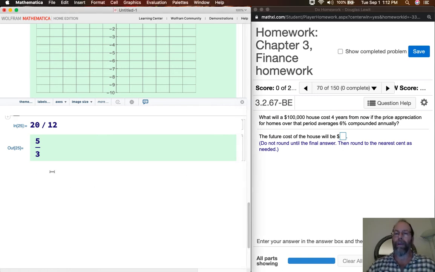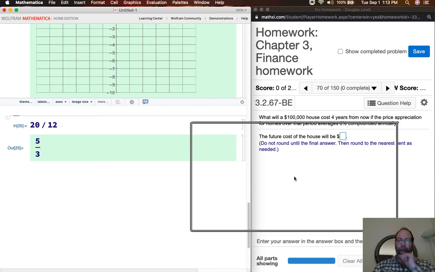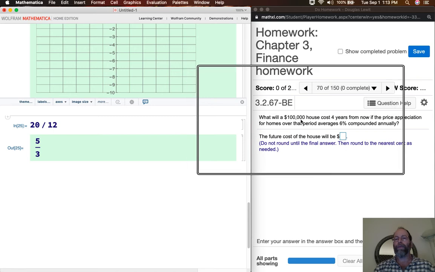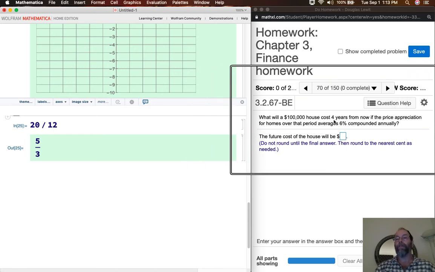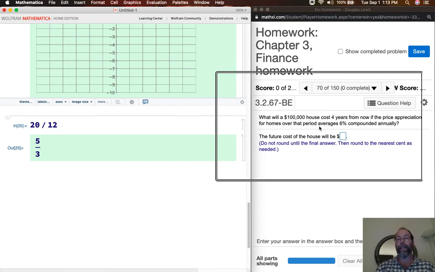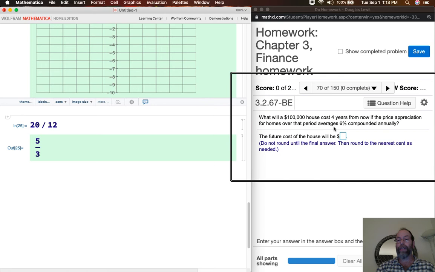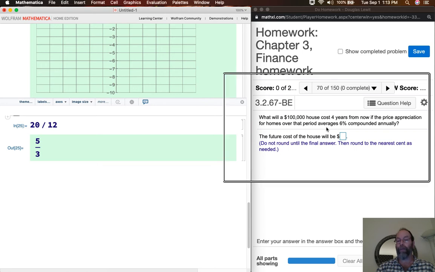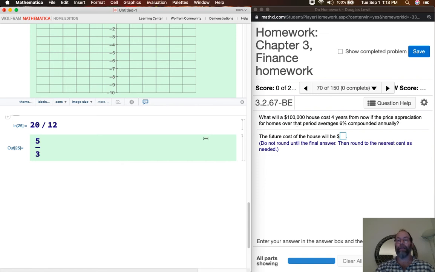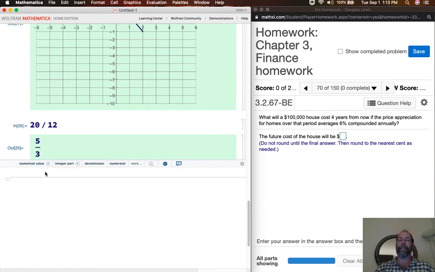So it says here, let me turn on my magnifier. What will a $100,000 house cost 4 years from now if the price appreciation for homes over that period averages 6% compounded annually? That's actually not a very hard problem, but let's take a look at it.